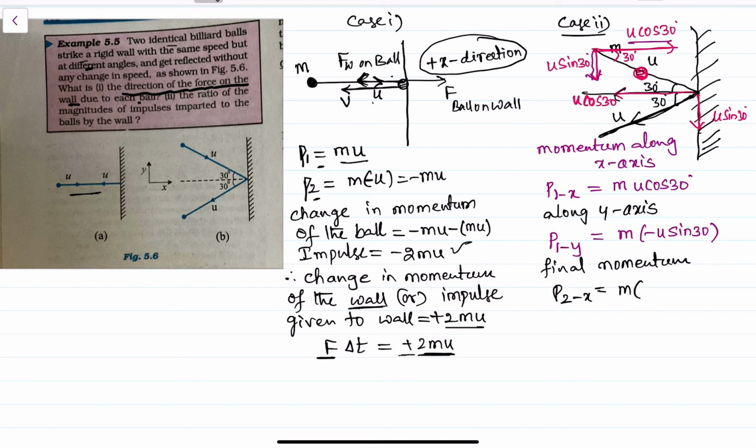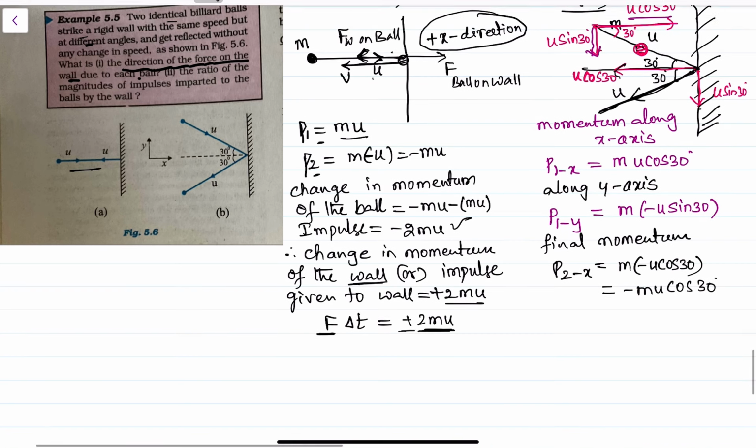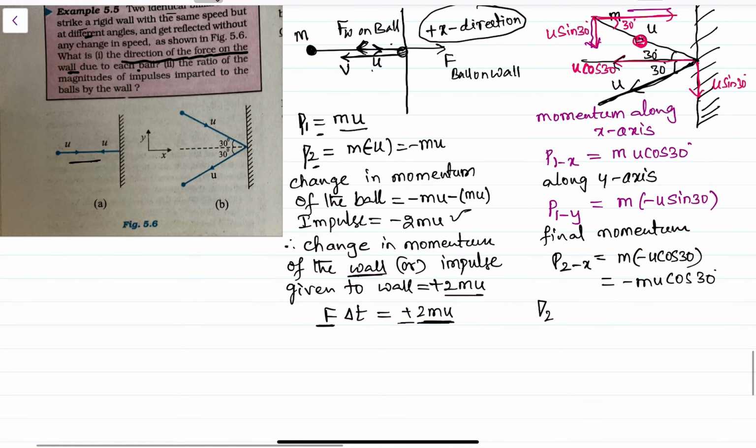After rebounding, the velocity is along the negative x-axis, minus u cos 30, so that is minus mu cos 30. Next, the final momentum along the y-axis is m into minus u sin 30, therefore minus mu sin 30 in this case.